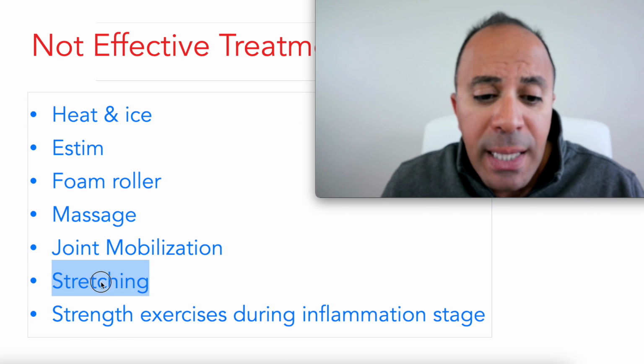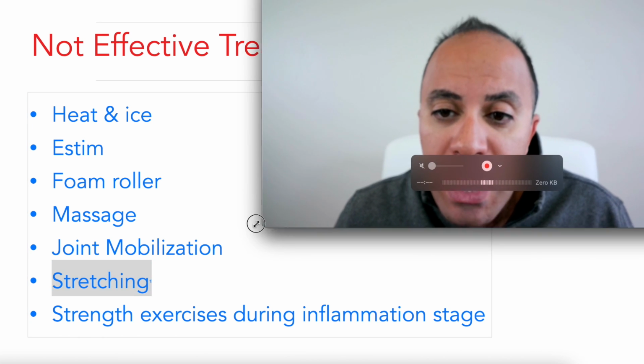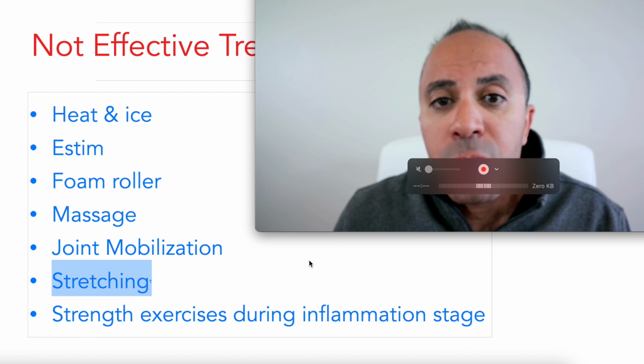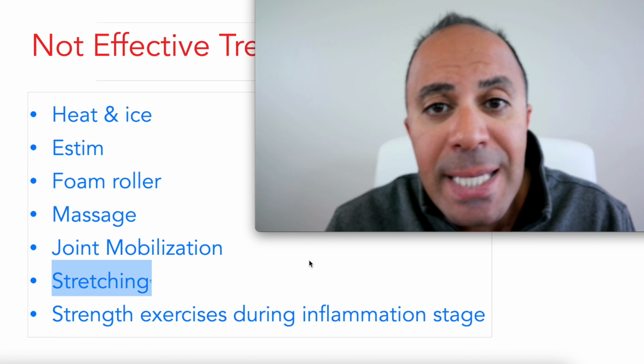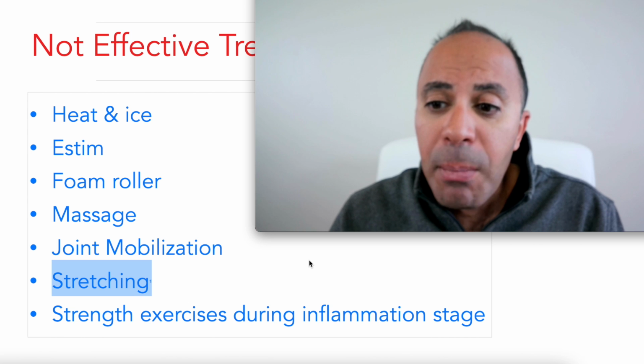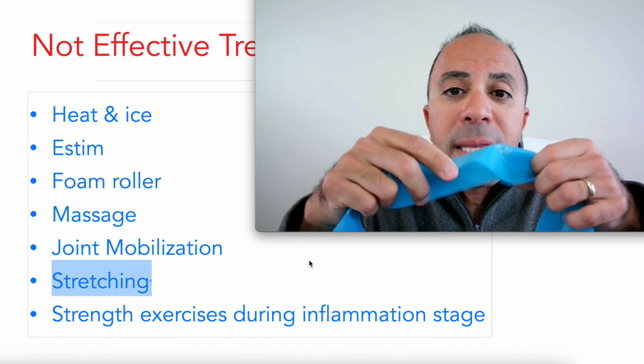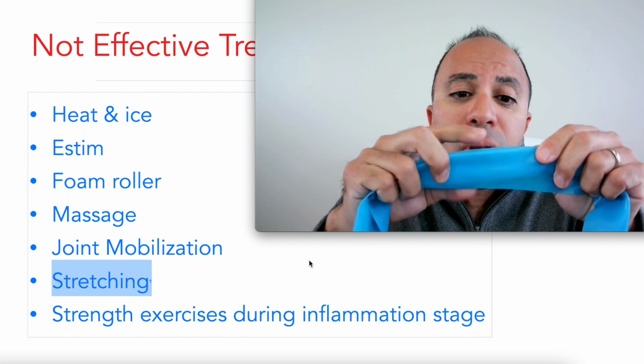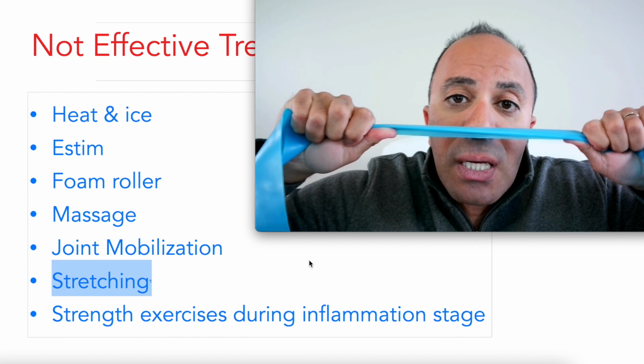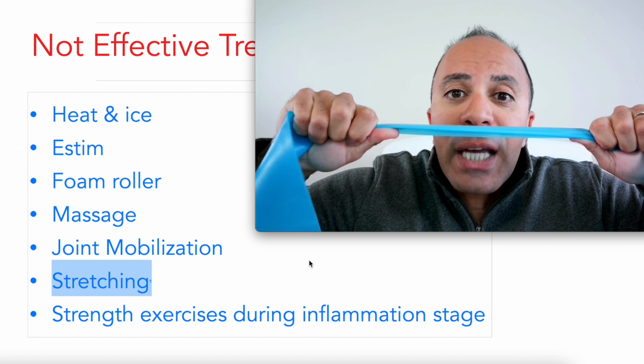The other thing that's very commonly used, and that I personally do not recommend to my patients, is stretching. Think about it this way: if you have an internal tear in the ligament or tendon or muscle, and you keep stretching that muscle, you're going to tear it more.